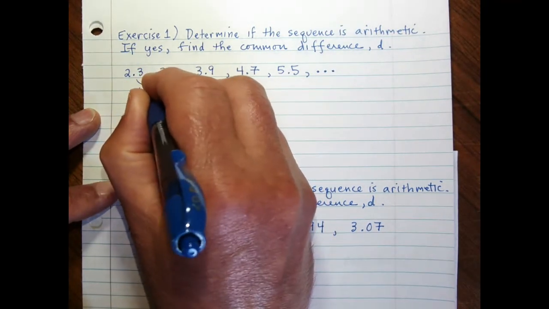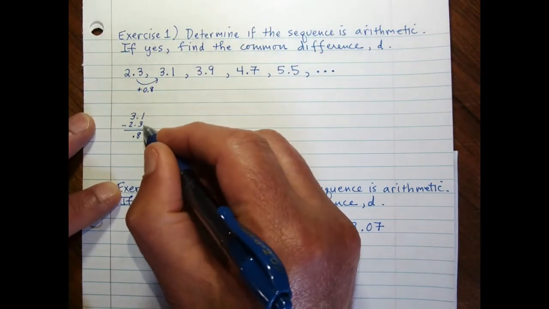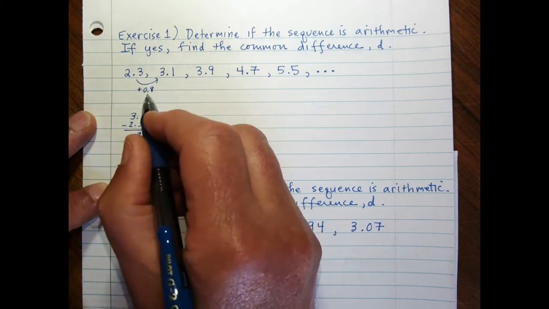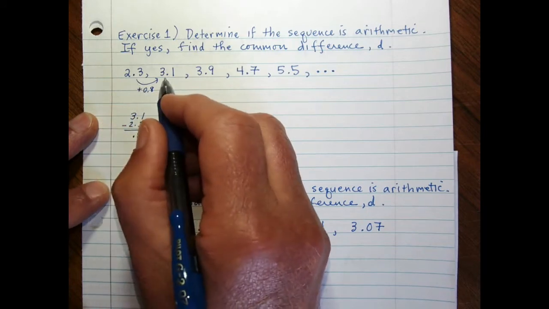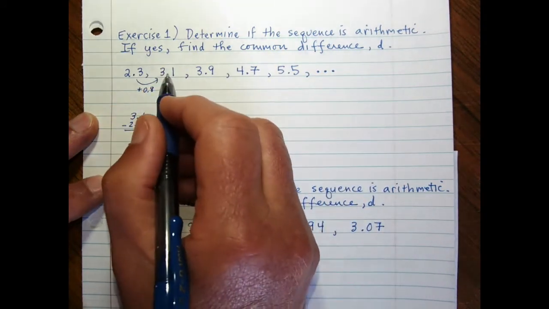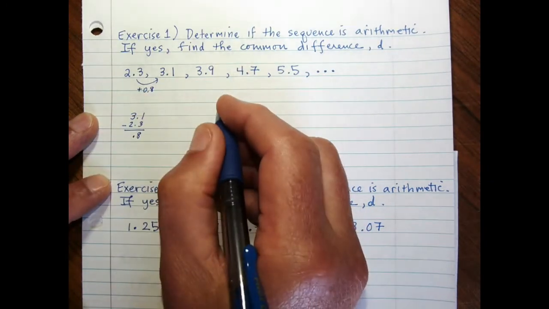So we would add 0.8 onto 2.3. Notice how we subtracted to get the number we add on. That's why it is called a common difference, because the number you add on is the difference, or the subtraction answer you get when you take one term minus the preceding term.